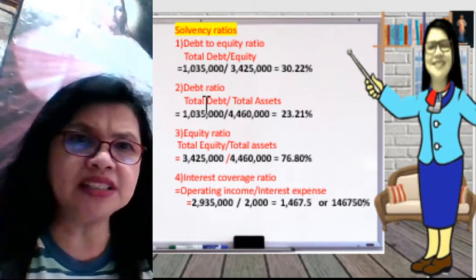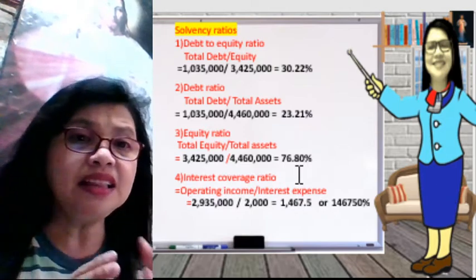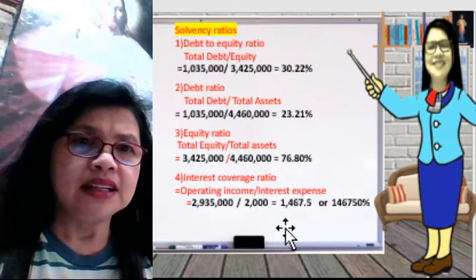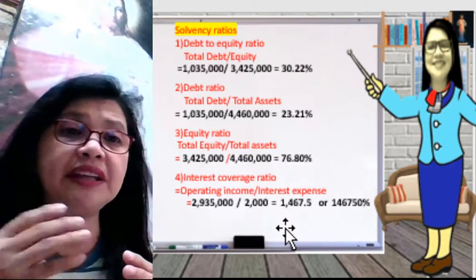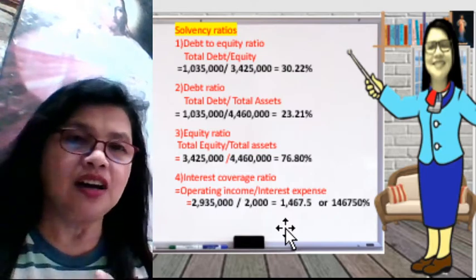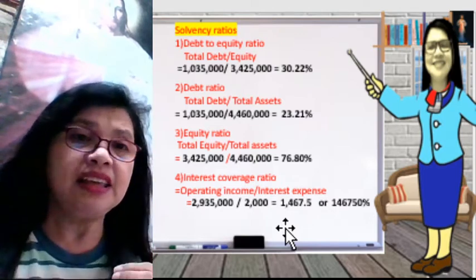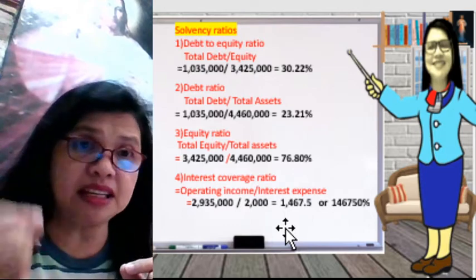Then number four is the interest coverage ratio. The interest coverage ratio shows the capacity of the company to cover its interest expense. When the company borrows money, specifically in the bank, the company has to pay its interest expense.